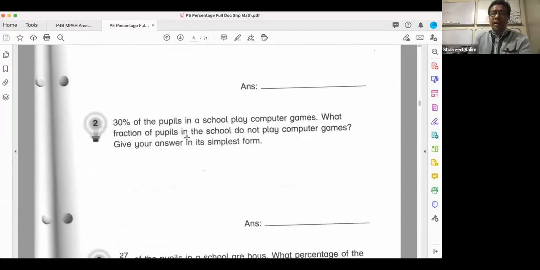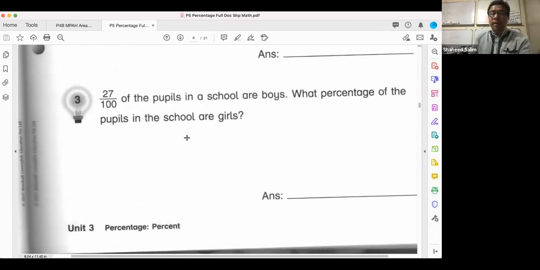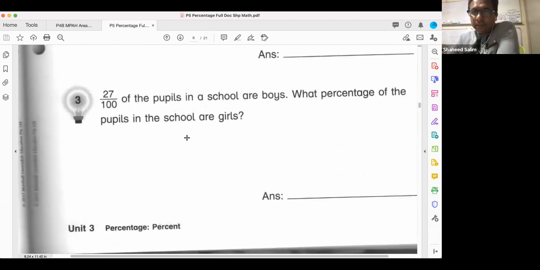Now, we are going to go for one last question. Most probably one last one, or one last or two, maybe. And go. Maybe this is not the last question. Remember, all the pupils is 100%.